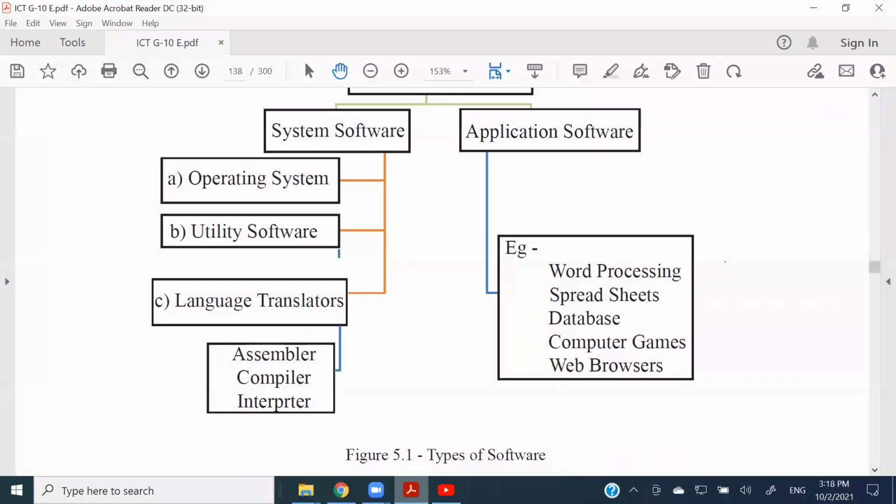So likewise, utility softwares are the softwares that help the operating system and the user as well to use their application softwares in a very smooth manner, right? One of the utility softwares is the virus guard in our computer. We are not using the virus guard for our day-to-day purposes mostly, right?